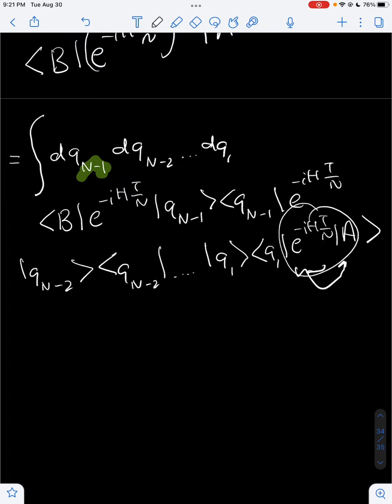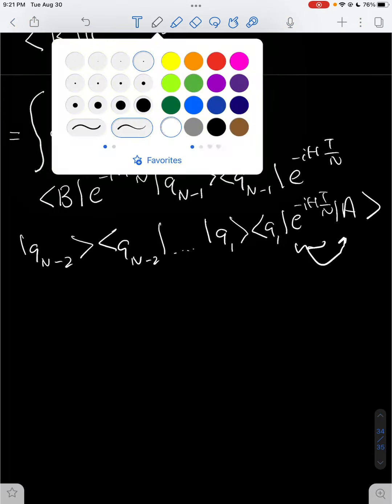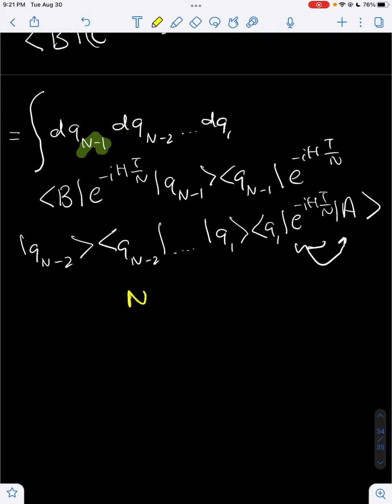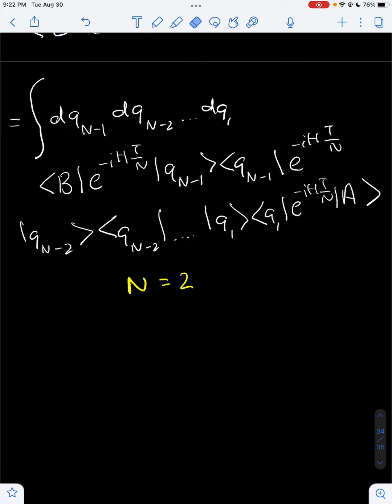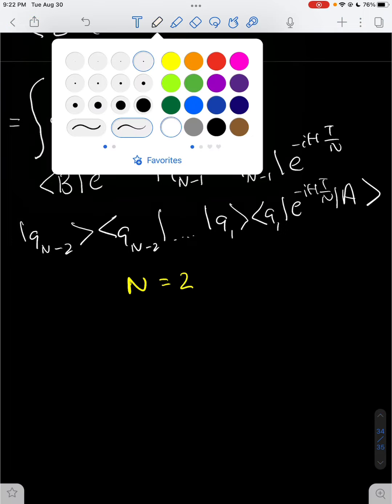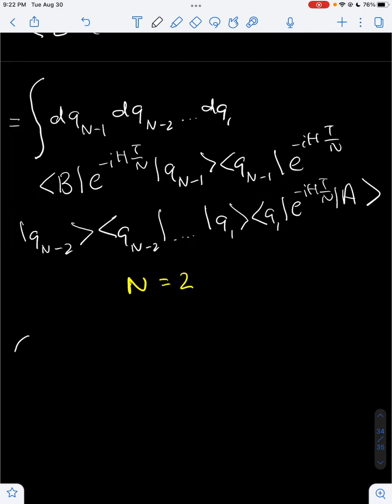I'm going to make that much more clear by us deciphering this. So let's choose n to be equal to 2 to show how this formula makes sense. So let's erase these over here. For the case where n equals 2, we start off with the integral for dq, and what's 2 minus 1? 2 minus 1 is just 1, right?